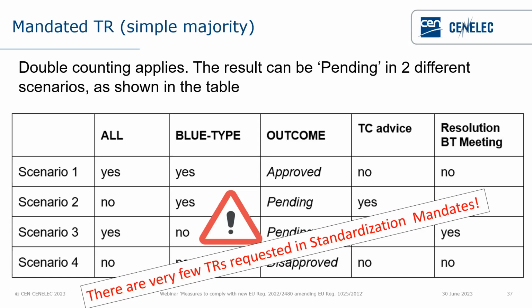So also in this case, this will apply in a very small number of cases. In any case, all what I explained on the voting result, the outcome, approved, pending, or disapproved, is something that you don't have to interpret as the secretary, because it's written in the voting result.